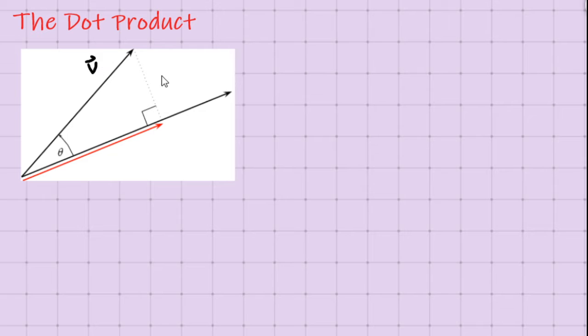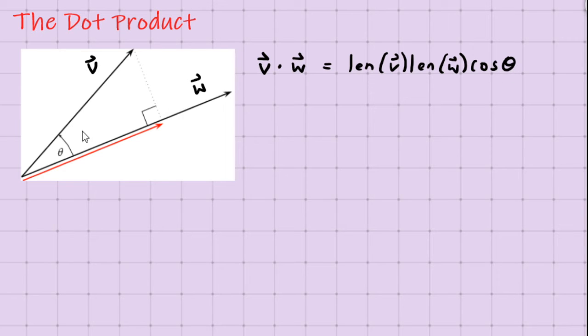So if this is the vector v and this is the vector w, we're going to define v dotted with w to be the length of v times the length of w times the cosine of the angle between them. Here's the angle between them, theta. It seems quite arbitrary, but there are very good reasons.